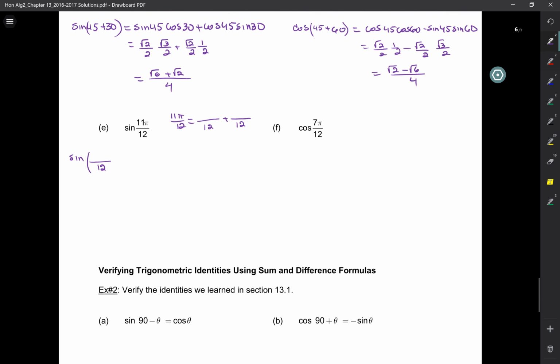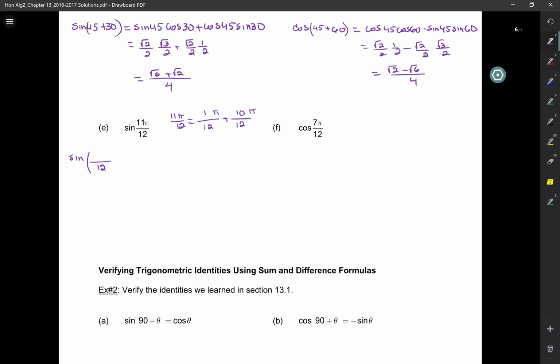So for example, what are two ways I can get 11? One way is 1 and 10. But if I do 1 pi and 10 pi, does 1 over 12 and 10 over 12 reduce to an angle on the unit circle? No. So I want to find the combination here.